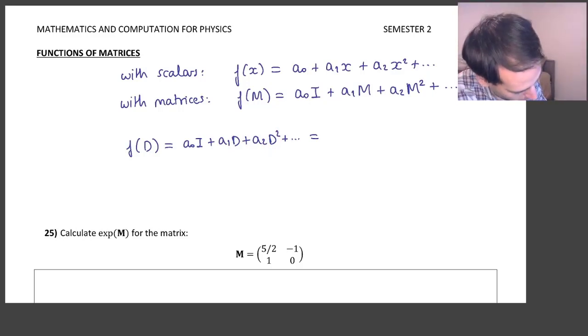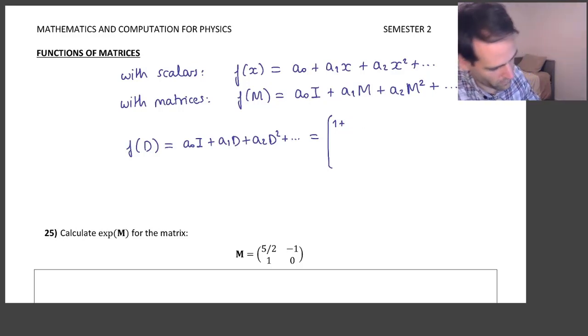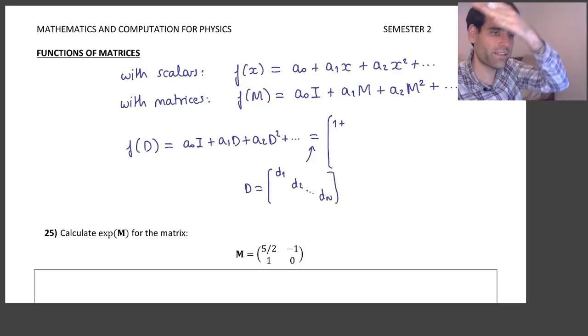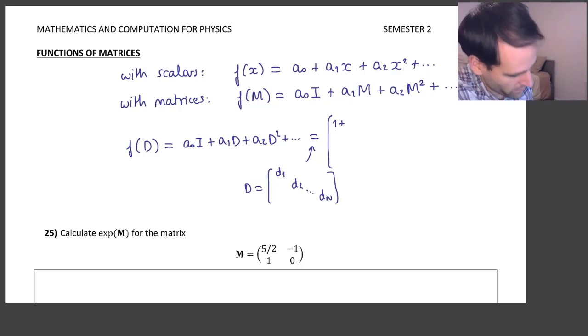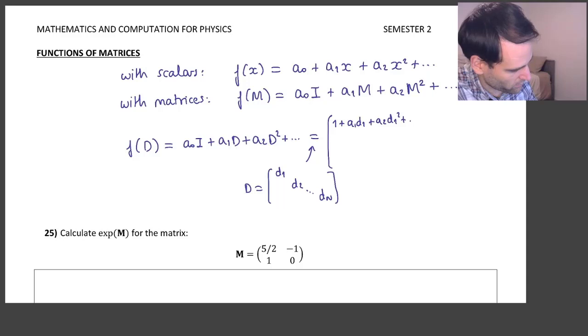Let me assume that matrix D has D1, D2 up to Dn. So it's a diagonal matrix with D1, D2, D3, and so on. Then the first element of this matrix would be 1 plus A1 D1 plus A2 D1 squared plus dot dot dot.